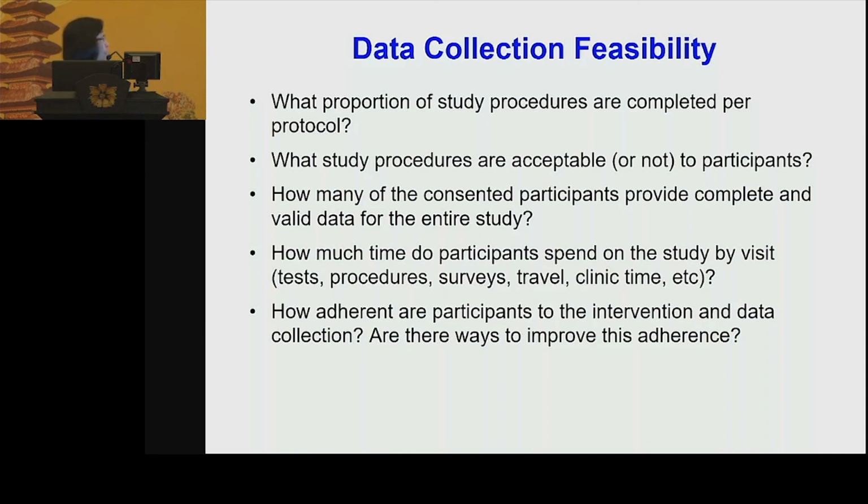So you want to know what study procedures are acceptable and what would be the time requirement, what proportion of patients would actually stick with the study, complete those testing, how long it takes. Because if you realize that, well, I thought it's only going to take 1 hour, but it turns out to take 2.5 hours, then you can figure out what are the additional tests that you want to eliminate from the final study design.